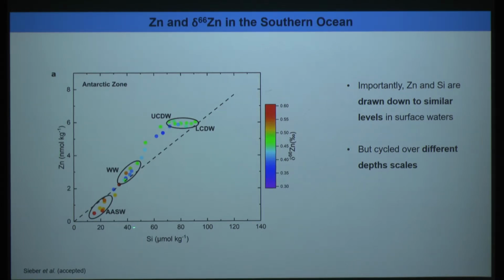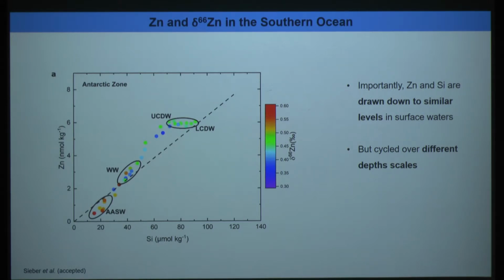You can see that surface waters are slightly below this correlation, so we actually take up more zinc than silicon. So we go down from the correlation. Then as we go down in depth towards this upper circumpolar deep water, we see that the zinc that we've taken up in the surface is regenerated at a much shallower depth than the silicon.